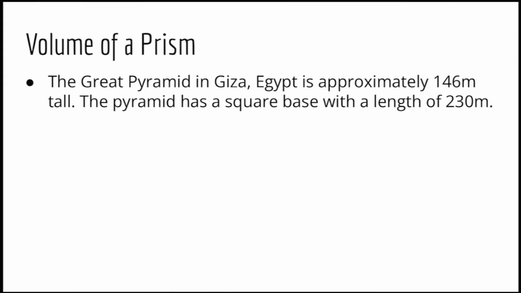Cool. So here is more of a word problem where you actually have to draw your pyramid. We have the Great Pyramid of Giza, in Egypt, and it is approximately 146 meters tall. So if it's 146 meters tall, that means it's talking about my height, and that's going to be 146 meters.